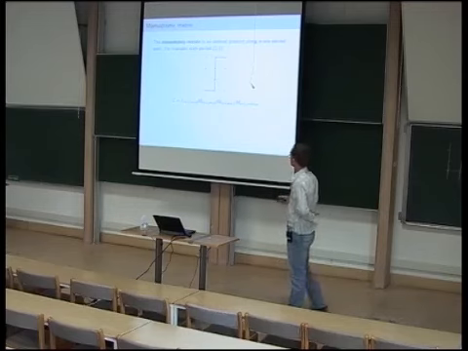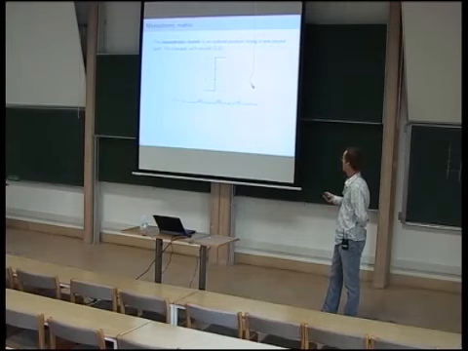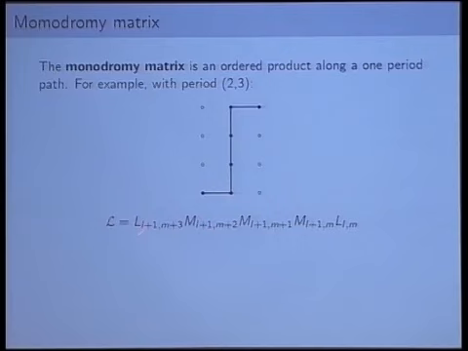And that's a general statement. So for any 2 points, if you take any product of matrices from that point to that point, it doesn't matter which path you follow. So L is independent of the path. L is called the monodromy matrix if you go from one point to another point which is a period distance away.